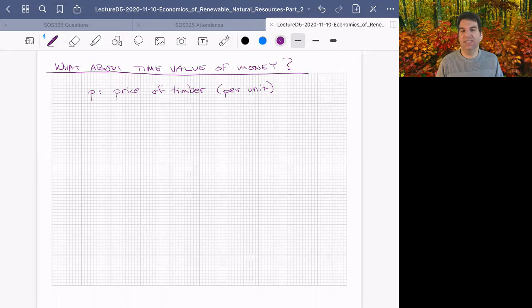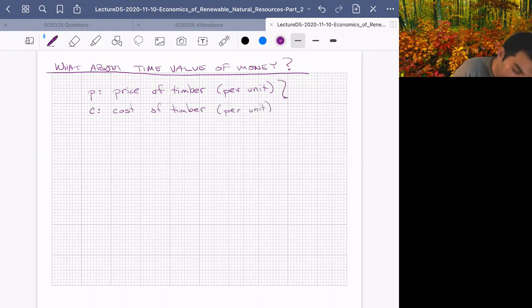Well, then we'll introduce C, which is the cost of that timber. And so you can see that net, I'm going to get P minus C returns per unit.